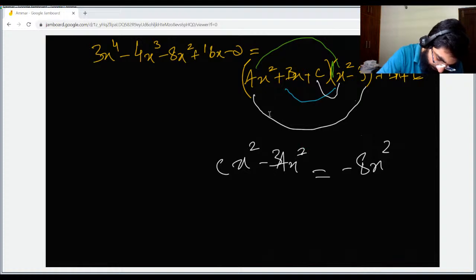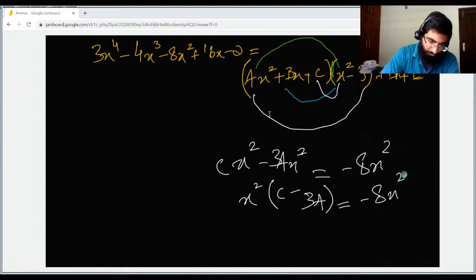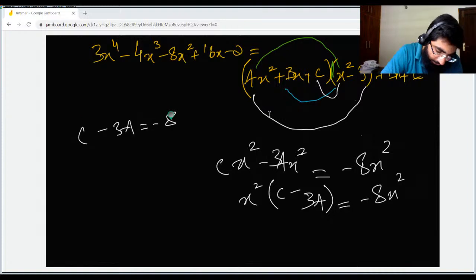So x squared common, (c minus 3a) is equal to minus 8x squared. Now I know c minus 3a is equal to minus 8, and I've already got the value of a from the first one. The value of a was 3. So c comes out as 1.